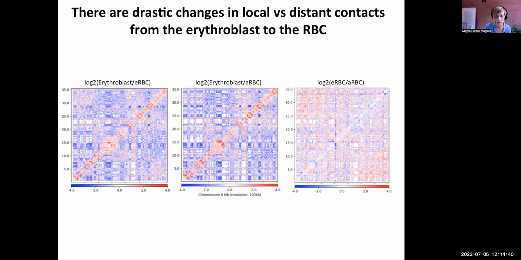So when taking the 2 signals and making a differential matrix of these 2, we could very clearly see that indeed in the red blood cells, the long-range contacts are far more abundant than in the blast, and conversely in the blast, the short-range contacts near the diagonal are very increased, and the difference between the embryonic and the adult red blood cells is not very big. They are pretty similar at this scale.